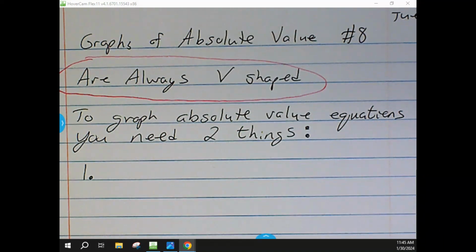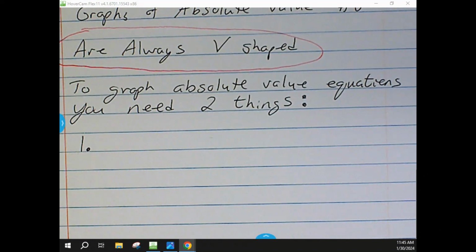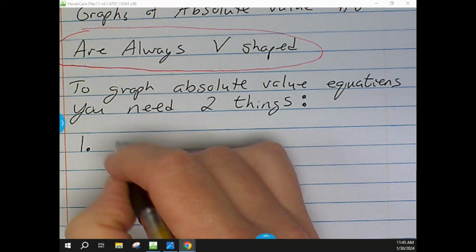And it's going to have a lot of these same characteristics. But the most important thing you have to have is the vertex.